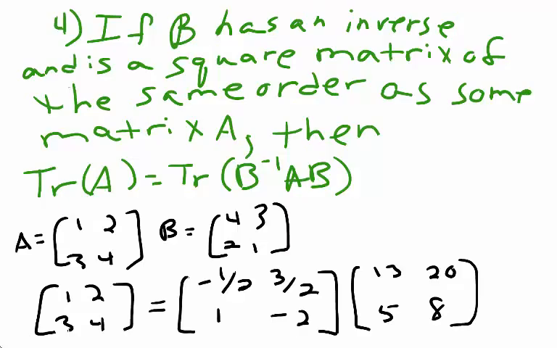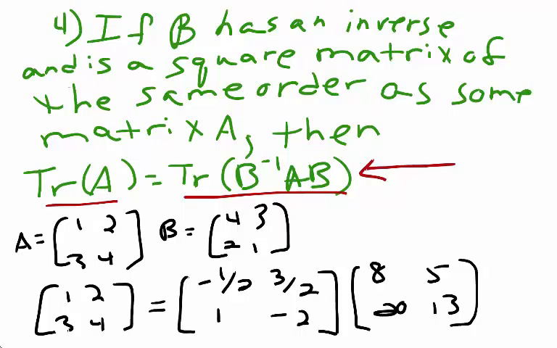So again, we're following this statement here. The trace of A is equal to the trace of B inverse times the product of A times B. And actually I used B times A right here, so let me fix that. So let's simplify this on the next screen.